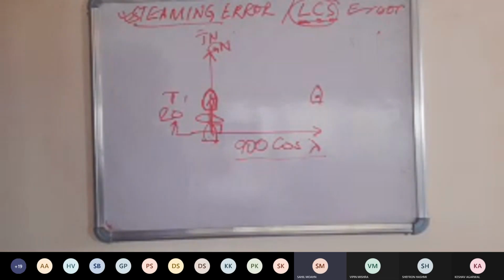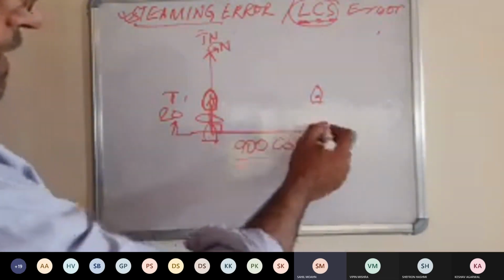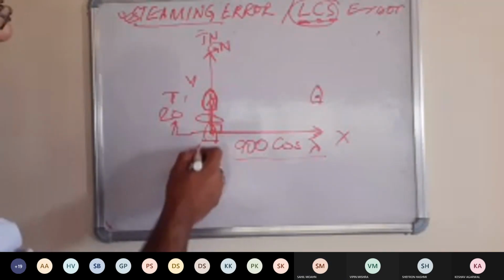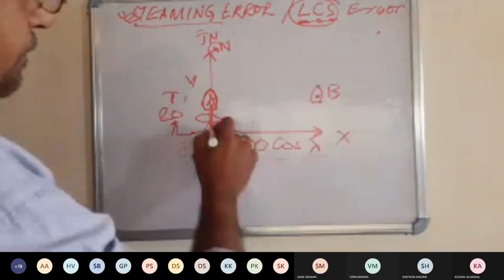Is that correct or not? One motion X, one motion Y. So is she reaching from A to B?